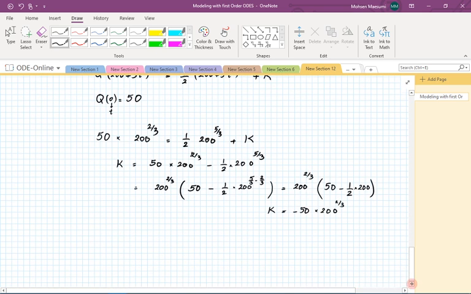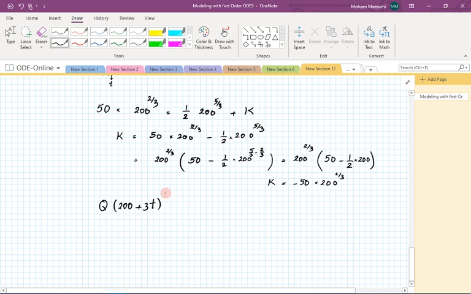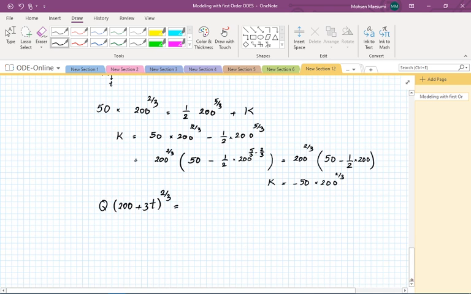So I have now Q times 200 plus 3t to the power of 2/3 is equal to 1/2 of that same expression to the power of 5/3. 1/2 of 200 plus 3t to the power of 5/3, and then I have my constant, 50 times 200 to the power of 2/3.